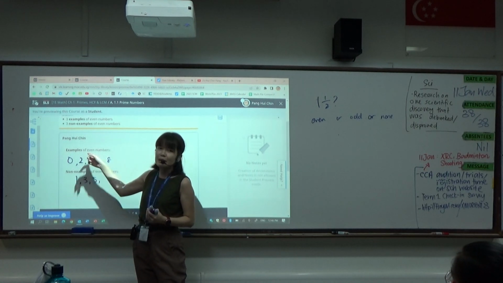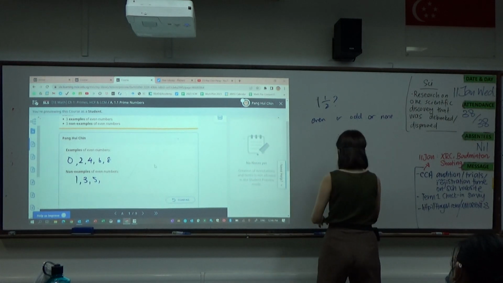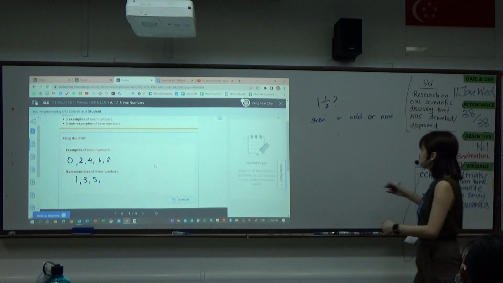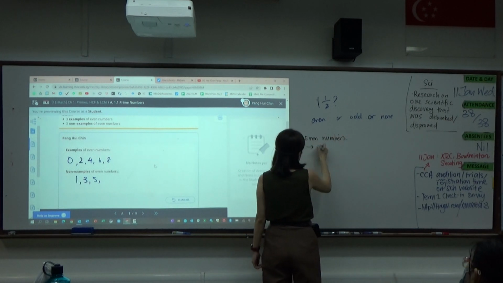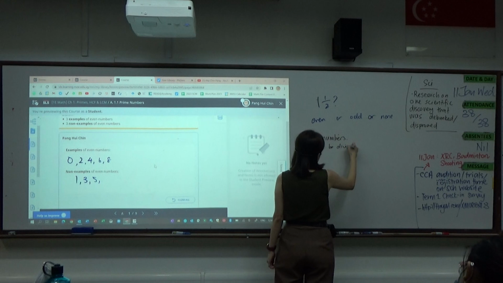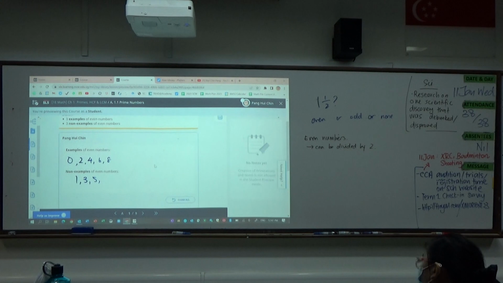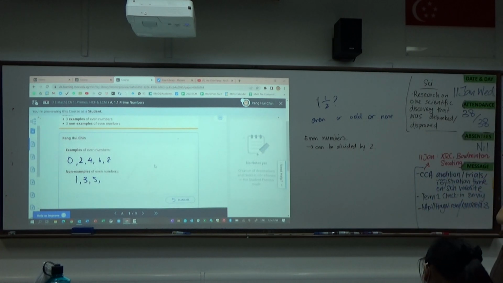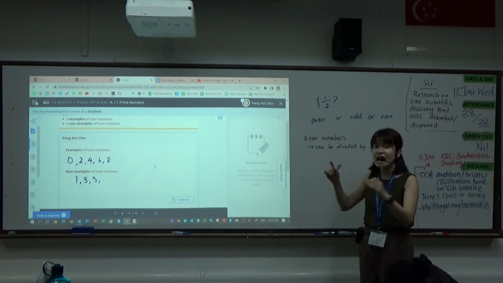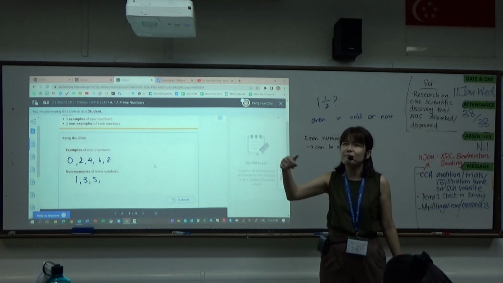Even numbers are numbers that can be divisible by 2. Let me just write it down. Xavier says that actually every number can be divided by 2, just that some numbers have remainders at the back.